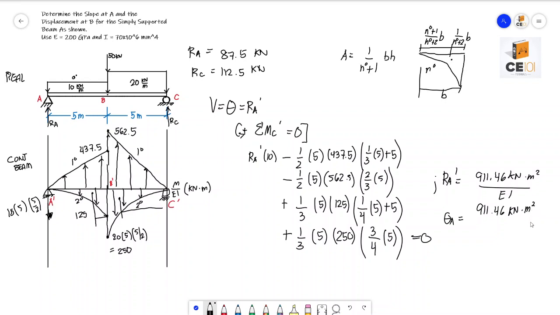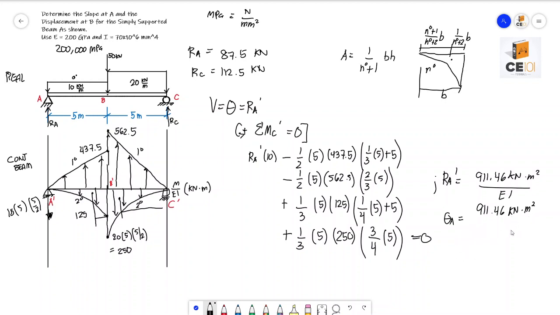So makikita naman natin na yung mga units natin dito is naka GPa at saka mm raised to 4. So para maging consistent tayo sa units, gawin natin tong MPa, since GPa ito 200,000 MPa. Alam naman natin na yung MPa will be equal to Newton per millimeter squared. So i-convert din natin tong 911.46 into Newton at mm squared.